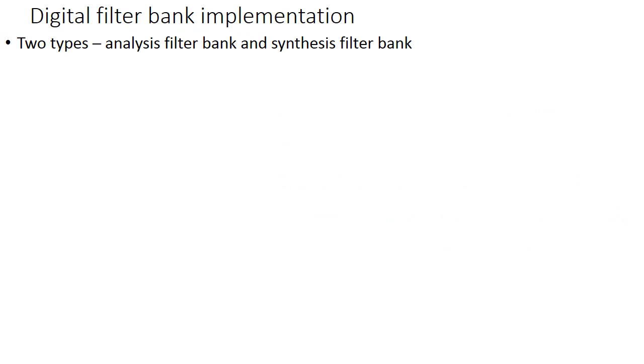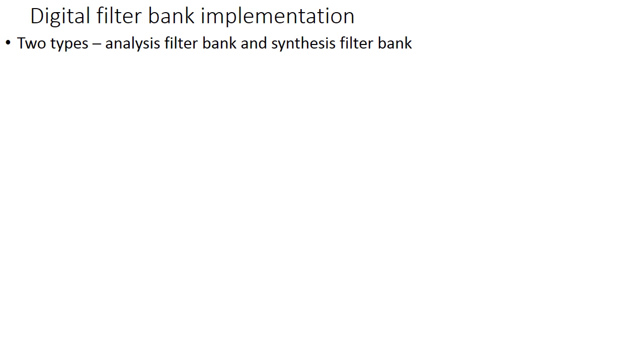Another application is digital filter bank implementation. Here there are two types of filters: one is the analysis filter and the other one is the synthesis filter. Analysis filter, in the sense you have a signal in the time domain, and say you want to convert that into a frequency domain, or Z transform, or spectrum.